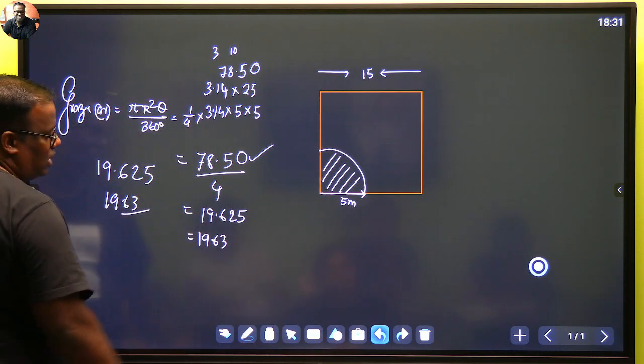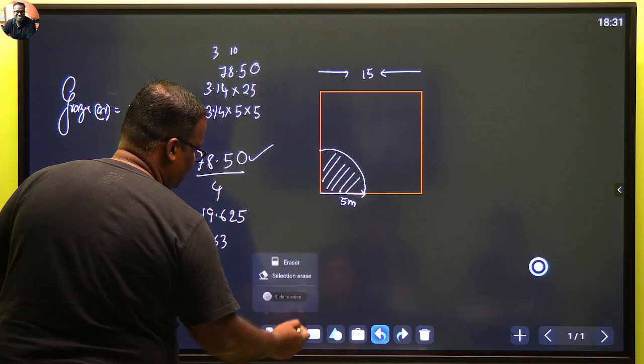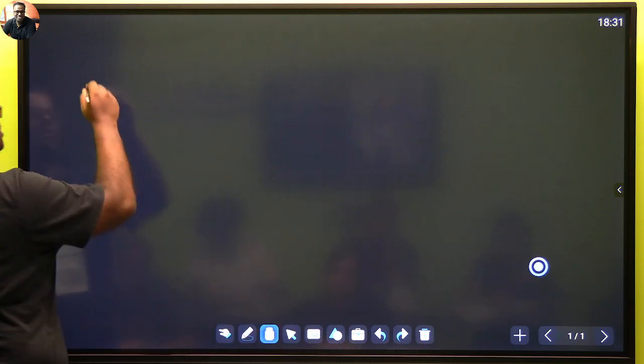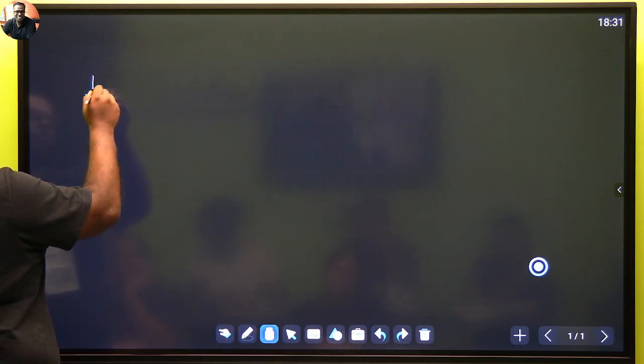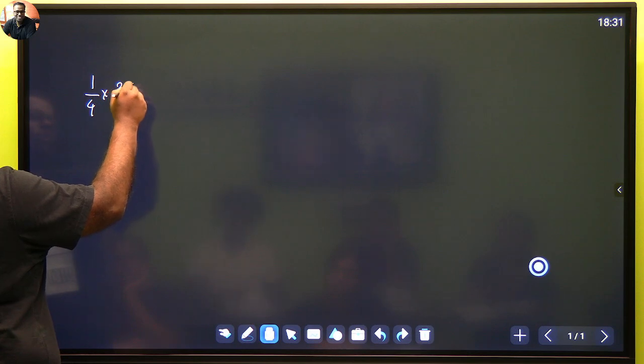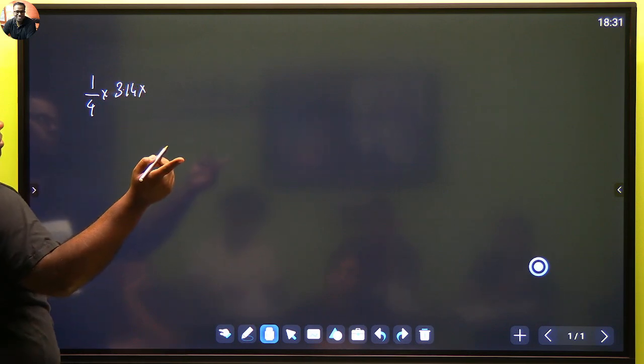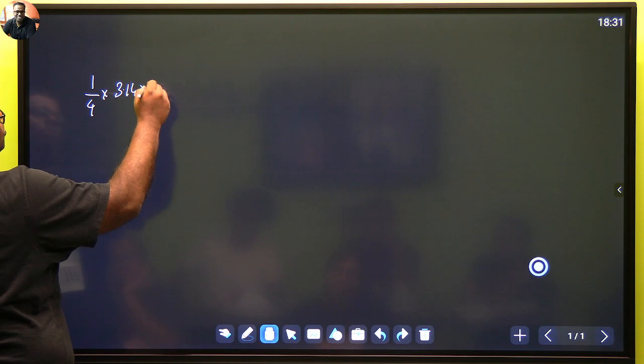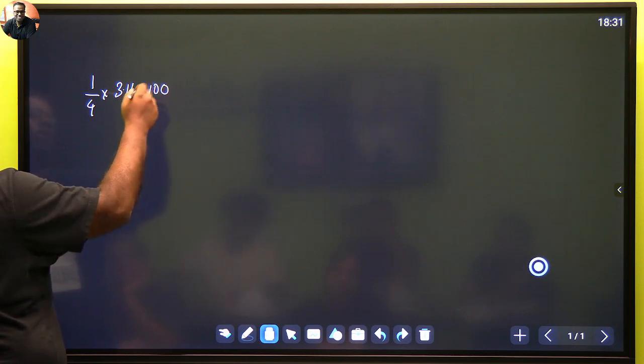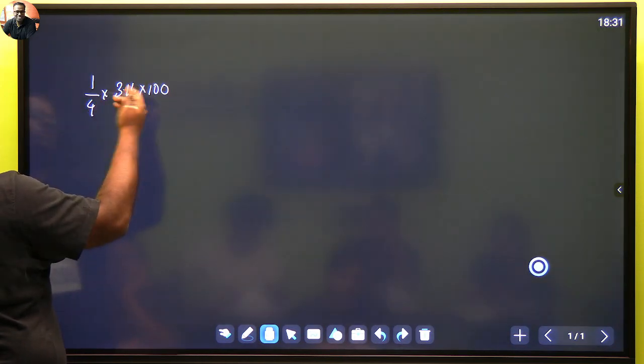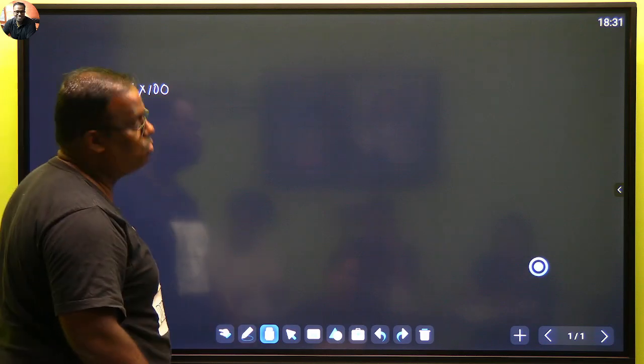So in this case, 1/4 still remains as 1/4. Pi, that is 3.14. And how much is your radius now? 100. Oh, now life is even easier. Pi r square theta by 360 degrees. How much does it become?